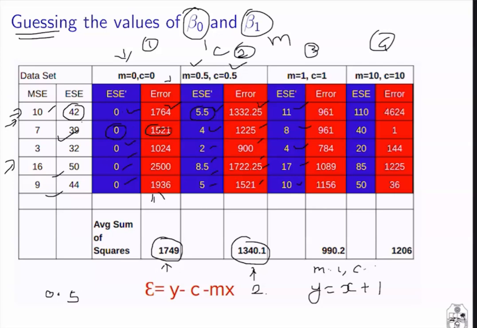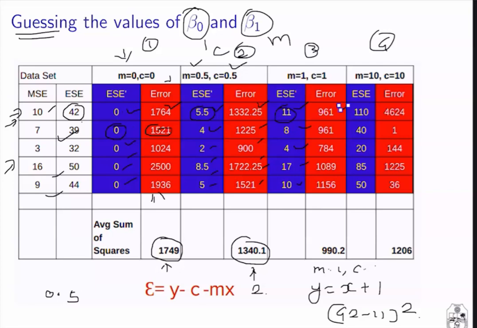After finding the predicted end semester examination mark for each and every data instance, I identified the error. Here the predicted value is 11 for the first data point and the actual marks are 42, so 42 minus 11, whole square, comes to around 961.